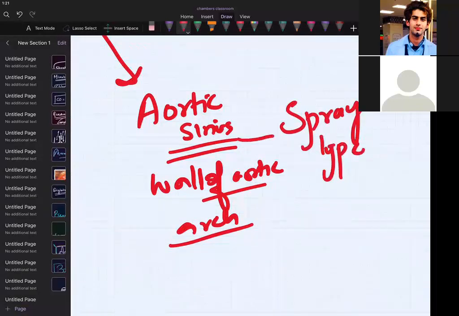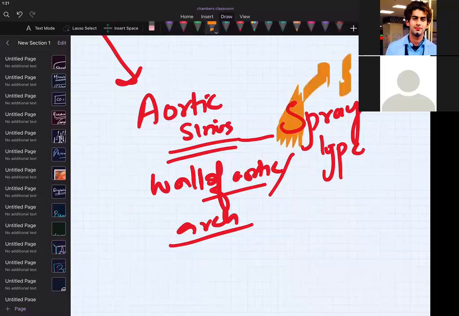There are spray type nerve endings in the walls of this aortic sinus. And as for stretch, stretch is baroreceptor. That's what you have to remember.